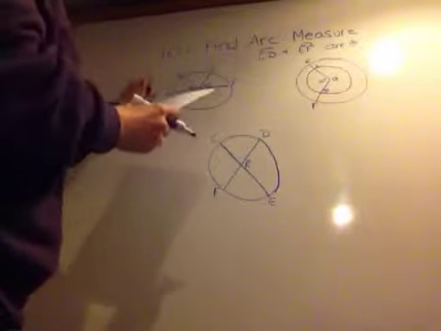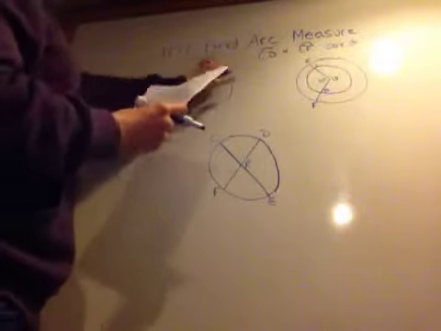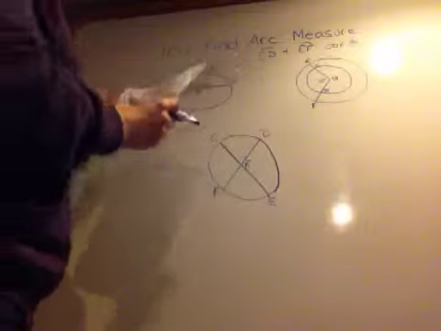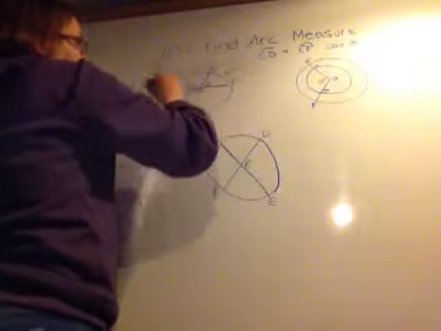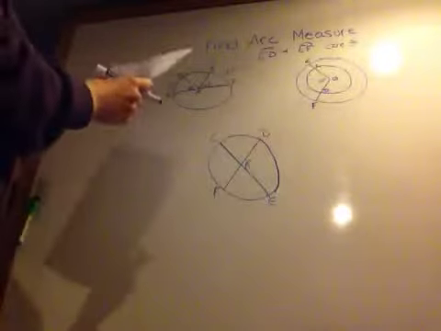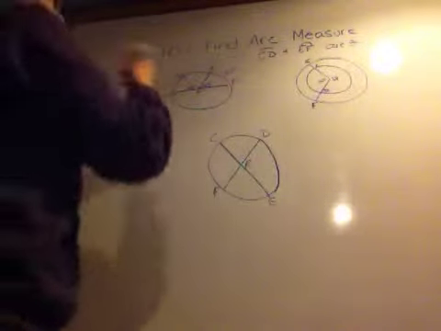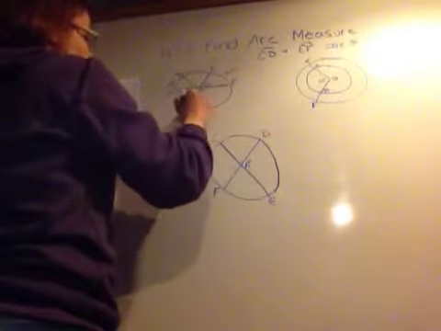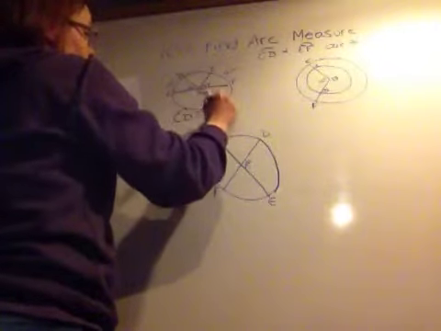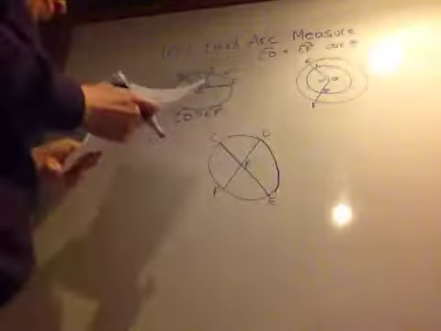For the first one, we want to know if arcs CD and EF are congruent. Well, they're both the same measure. They're both going to be 45 degrees. And they're in the same circle. So, since they're in the same circle, the measures of the arcs are equal. Arc CD is congruent to arc EF.